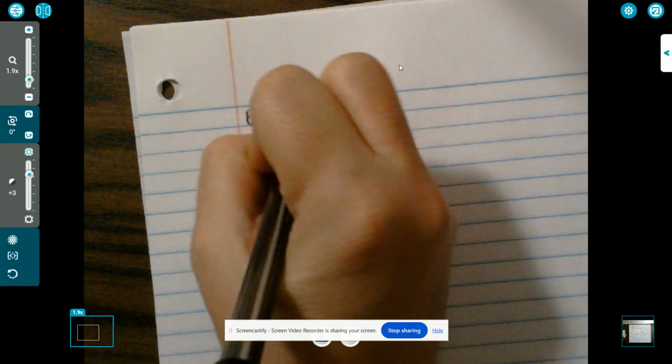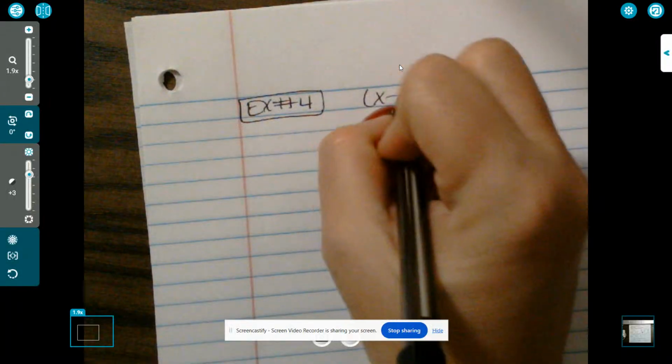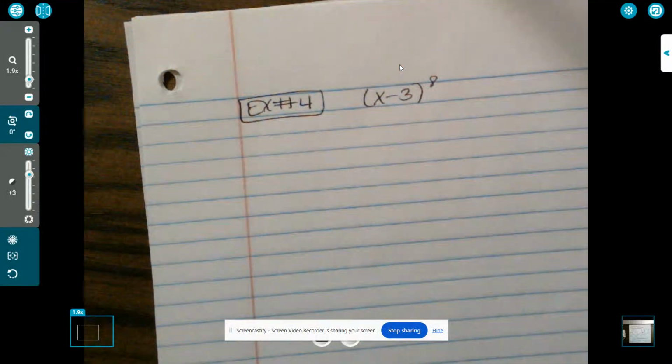All right. And then the last one, example number 4. We are expanding (x - 3) to the 8th, and they want the x cubed term.